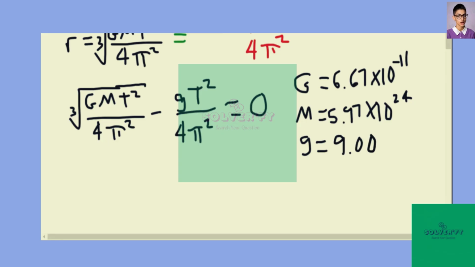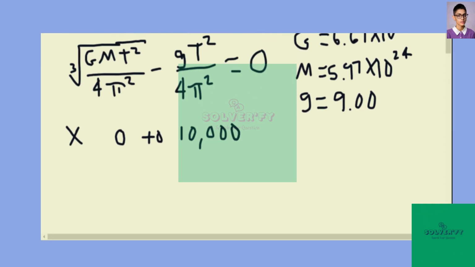I used the Desmos graphing calculator, and I put those numbers in. I also set my axes. My x-axis is going to extend from 0 to 10,000. I set my y-axis from negative 10,000 to 10,000.